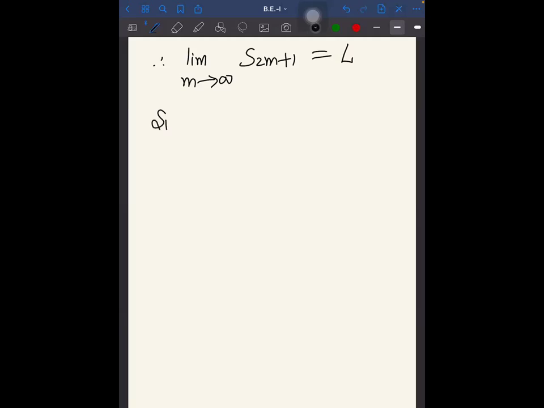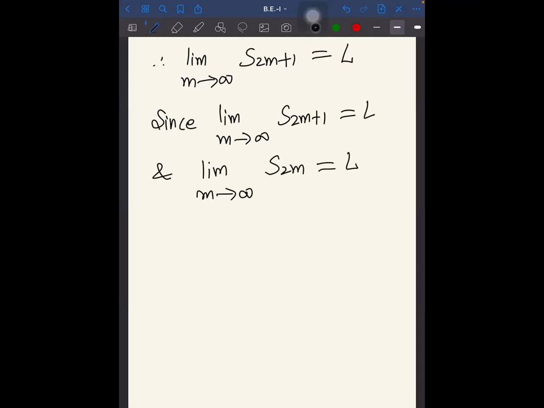So since your limit m tends to infinity s_{2m+1} is L, and your limit m tends to infinity s_{2m} is also L, therefore limit m tends to infinity s_m is also L. And what is s_m? This is the sequence of partial sums, right?